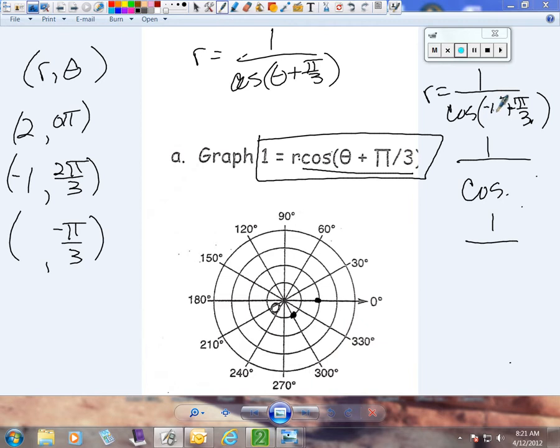So we're going to put negative pi over 3 here, which means now I'm going to take this cosine of 0 pi, which is, what's the ordered pair at 0? 1, 0, so cosine is 1. So 1 over 1 is 1.